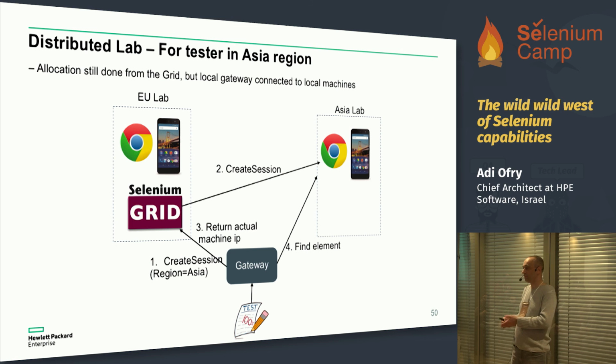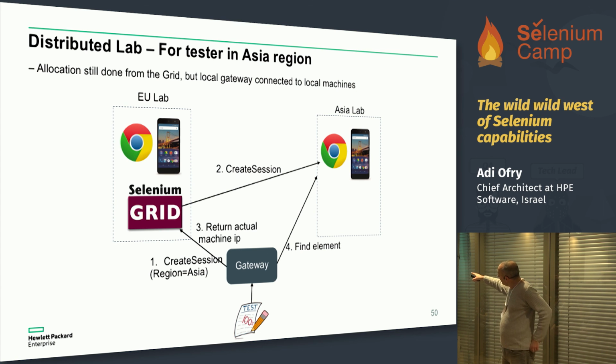So if we see a region Asia, we know first to look at the devices that are in Asia. And then if it exists, we call create session to the lab there, initialize the device, take it, return it to the grid, and then the grid returns another header, a simple HTTP header that says where the IP of this mobile or browser is.